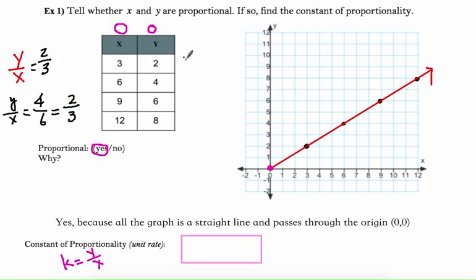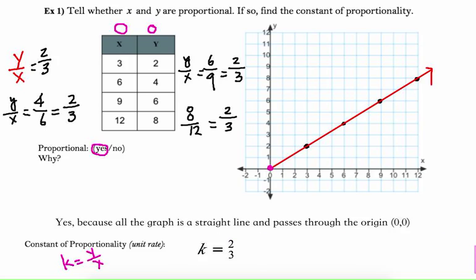The next one, y over x, would be 6 over 9. If you divide them both by 3, that's also 2/3. And lastly, 8 over 12, if you divide them both by 4, that's also equal to 2/3. So your y over x is 2/3 for all of these values. Therefore, your unit rate is equal to 2/3.